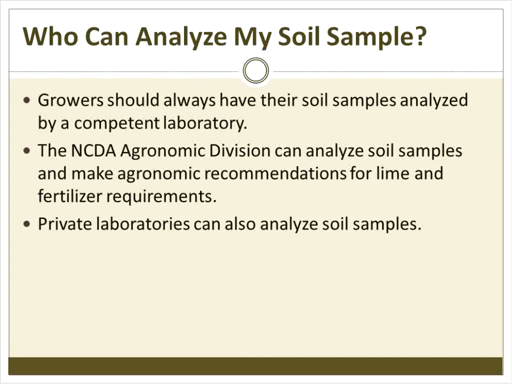I will say this: when you're submitting samples to the North Carolina Department of Agriculture for soil analysis, anything you can do to time that sample between the months of April and August will do a great service for getting your samples back quicker. The closer you get to December, the longer it's going to take to get your analysis back, because everybody is submitting their samples in the late part of fall.